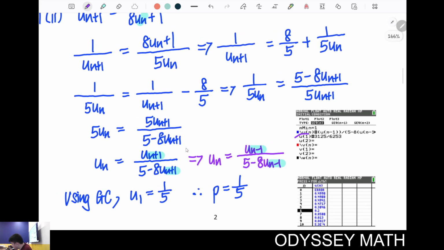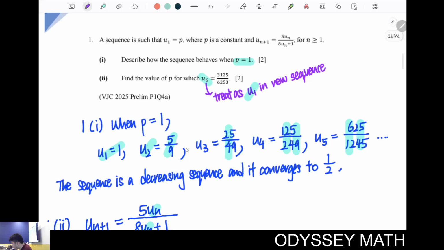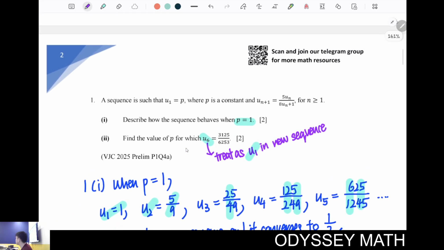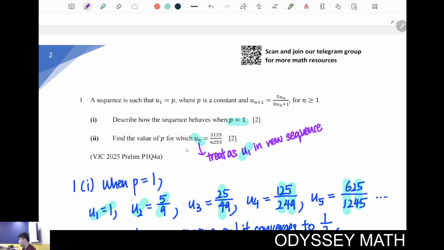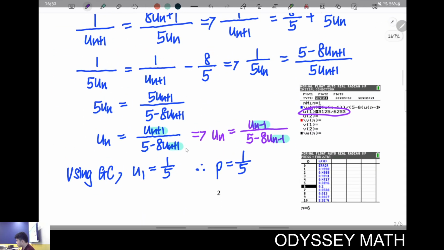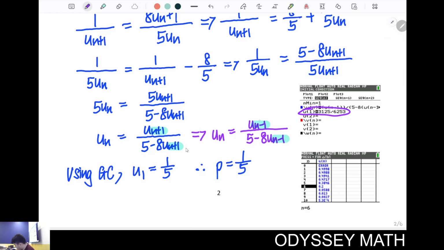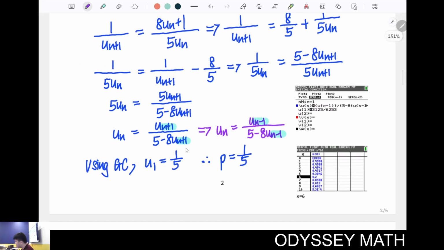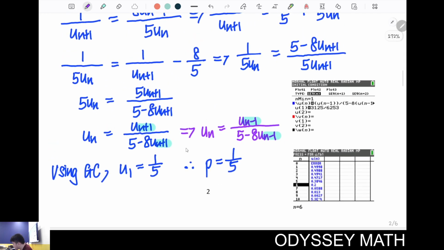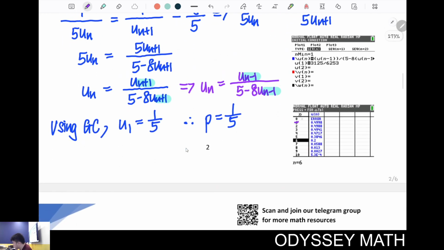And my u1 over here is 3125 over 6253. So this is my beginning. So I reverse the sequence. Okay, now it will work. So that is the trick. I reverse the sequence. And then when I generate it out, you realize that u1 is basically my 0.4998, which is 3125 over 6253.